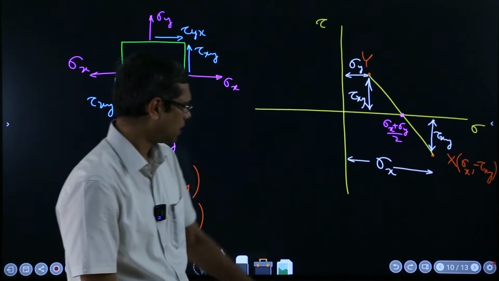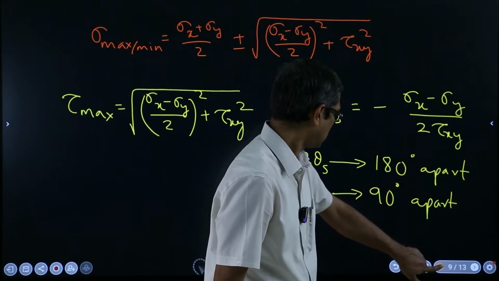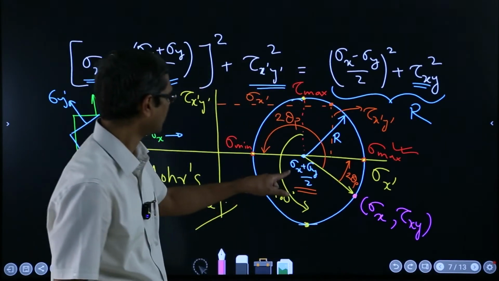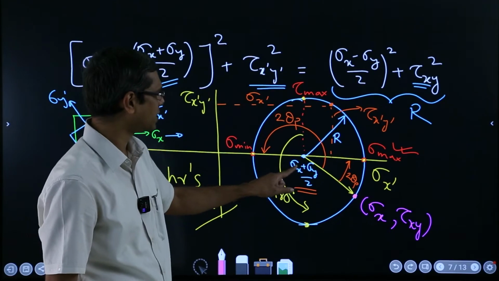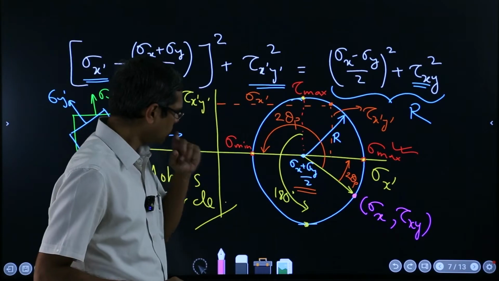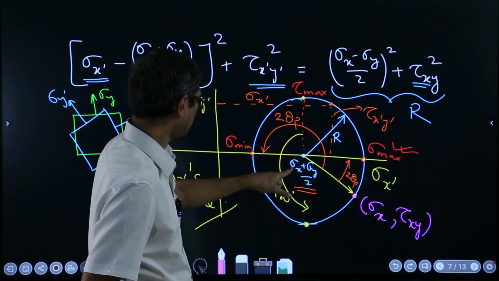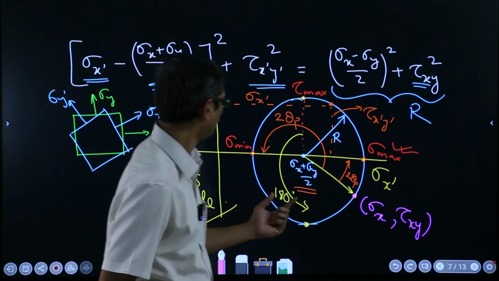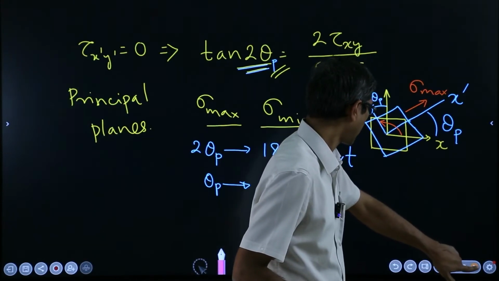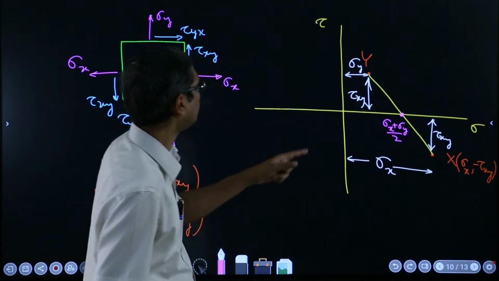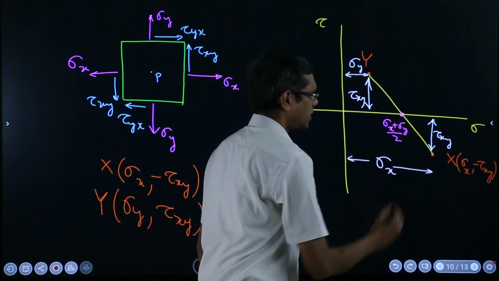If you remember, our circle had a center at sigma x plus sigma y over 2. So, that is the location you have got.